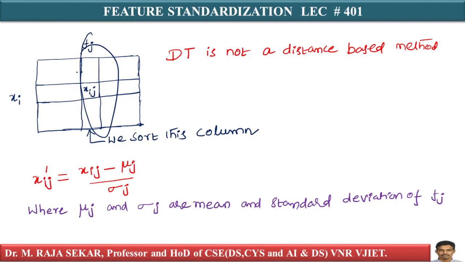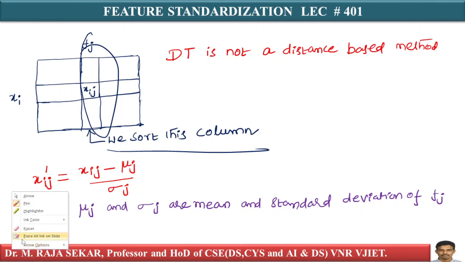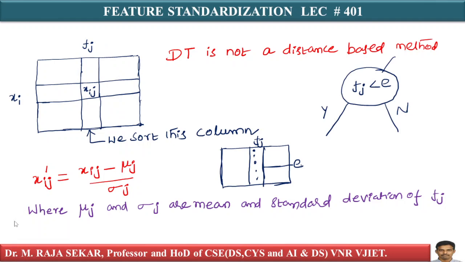What we do is sort this column, and we check each of these values as a potential threshold. This can be a threshold, this can be a threshold.